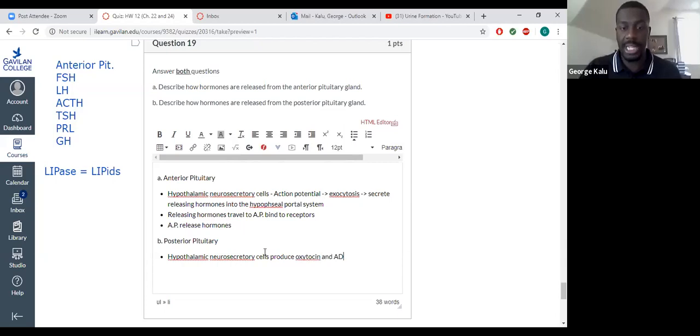So those neurosecretory cells are going to produce oxytocin and ADH. Again, we're going to have an action potential, and that action potential is going to cause the exocytosis again. And then from there, we'll be able to deliver those hormones into the general circulation out of the posterior pituitary.